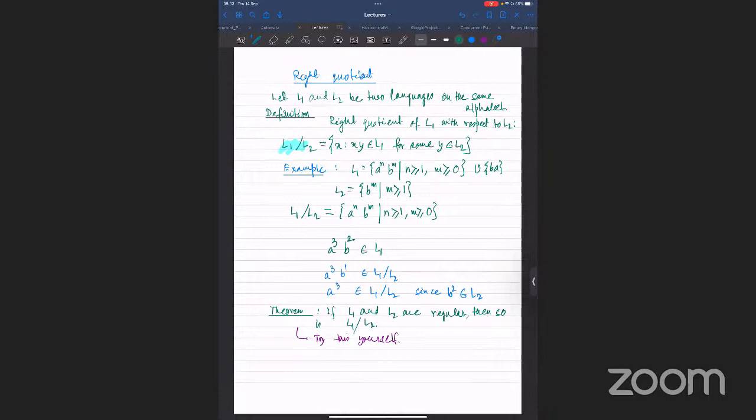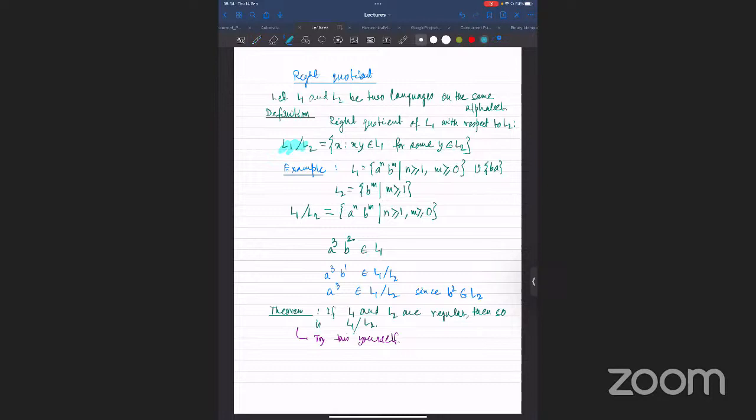In words, these are all those words which have a suffix in L2, such that the concatenation with the suffix belongs to L1. Clear? So this is the right quotient of L1 with respect to L2. Clear enough?